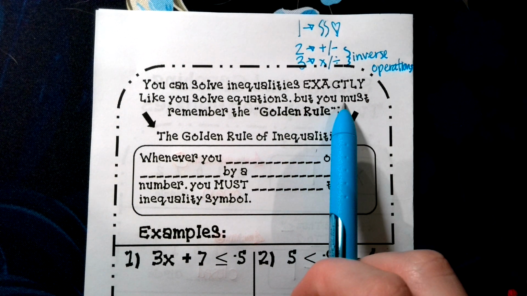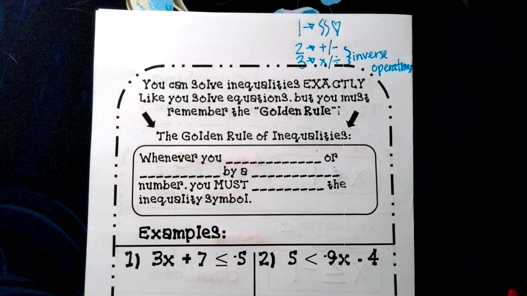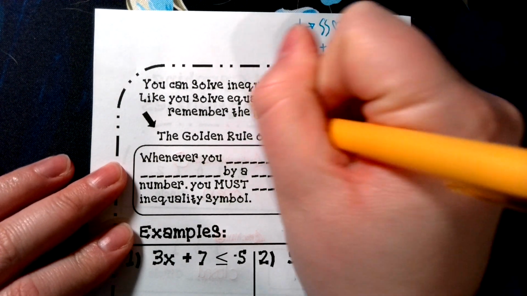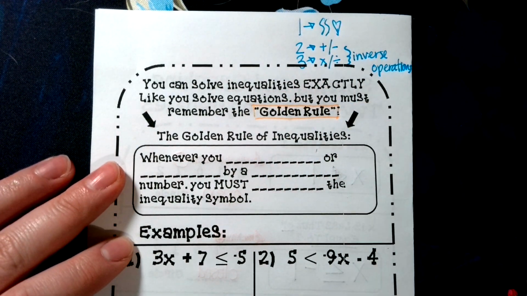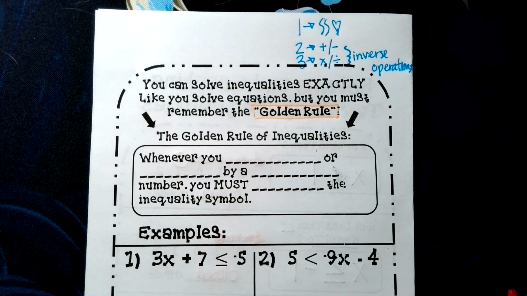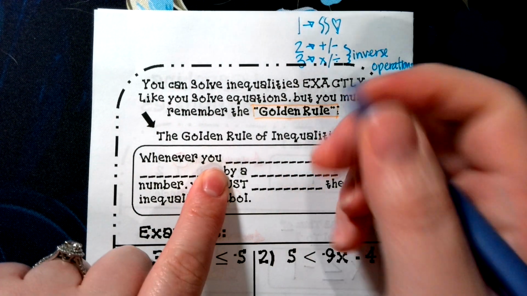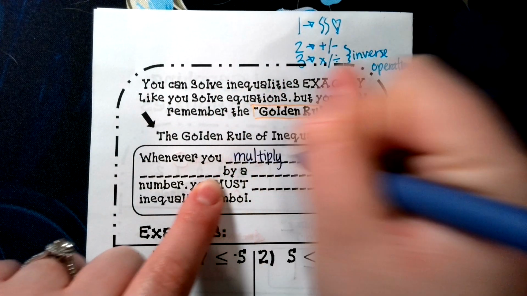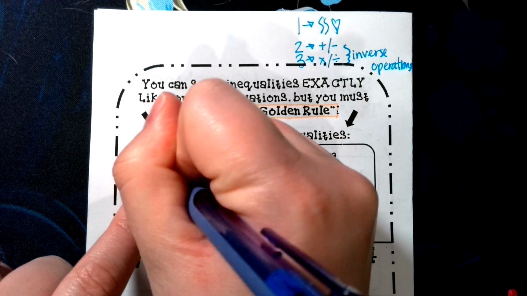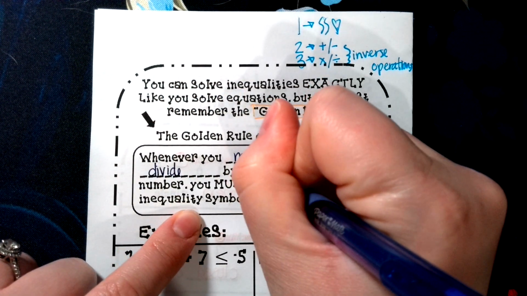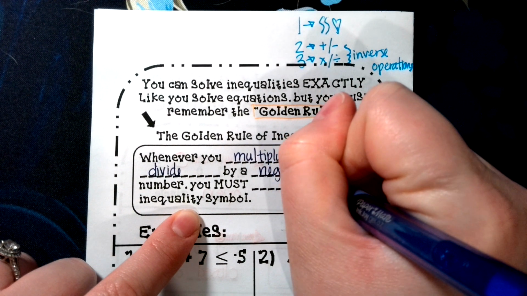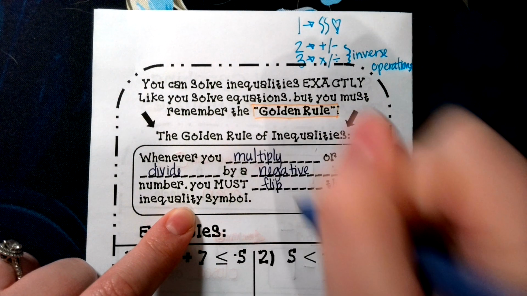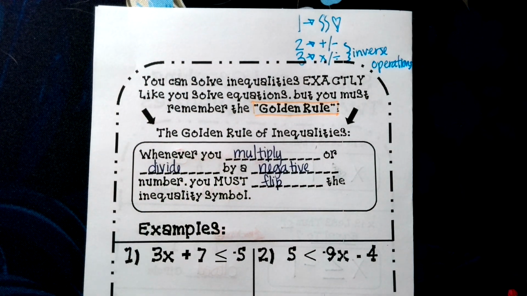The only thing different is that now we must remember the golden rule. That needs to be boxed in yellow because it's golden. The golden rule of inequalities is whenever you multiply or divide by a negative number, you must flip the inequality symbol.